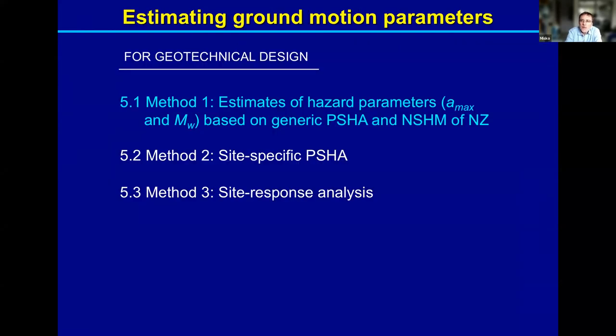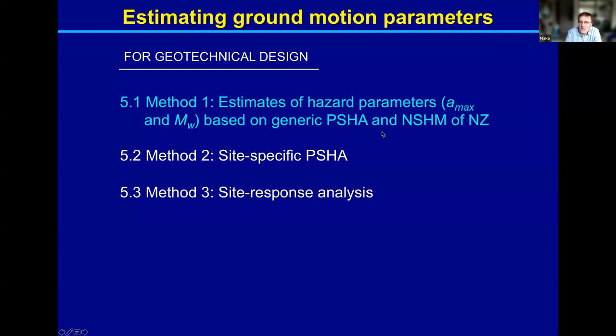So let's move now to the most important part for today's discussion, which is estimating ground motion parameters for geotechnical design. I'm underlining here because that is really important. We are just trying to address geotechnical design, and that is why we are focusing on a couple of parameters, PGA and earthquake magnitude.